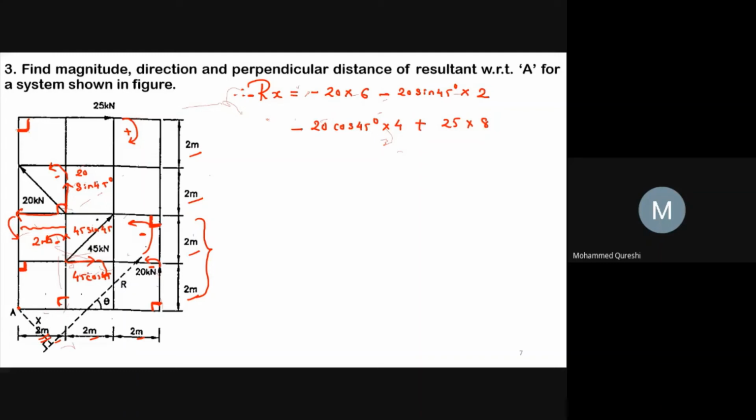So both are exactly equal to each other, hence it will produce zero moment.